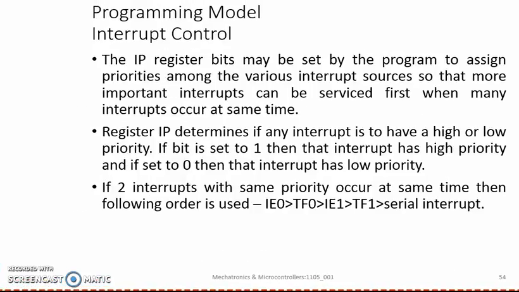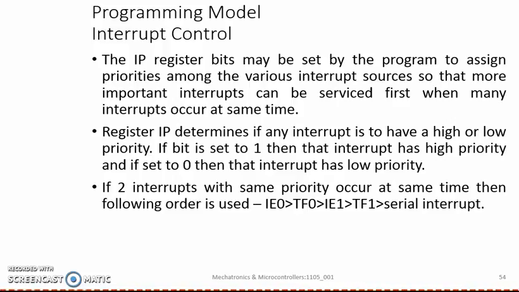The interrupt priority register bits may be set by the program to assign priorities for different interrupt sources, so that important interrupts can be serviced first when interrupts occur at the same time. The register IP is used to decide if any interrupt is to have high or low priority. If the bit is set to 1, then that interrupt has a higher priority. If it is set to 0, it has the lower priority.